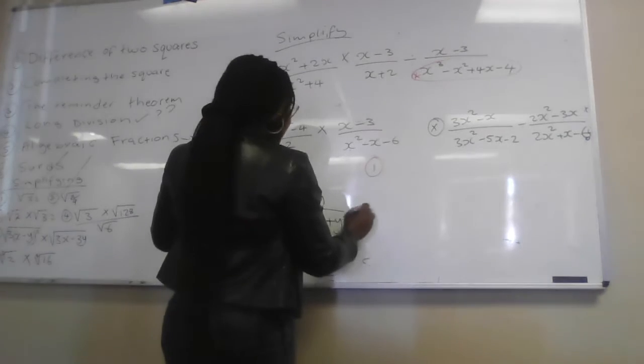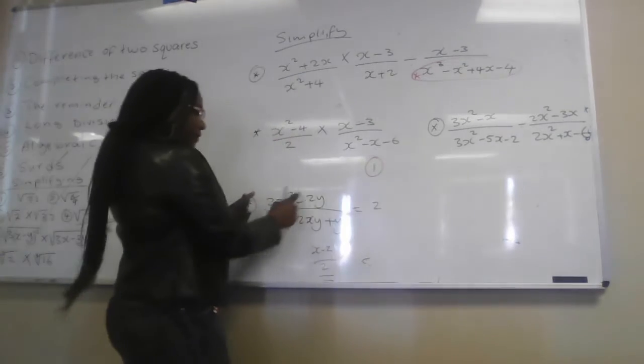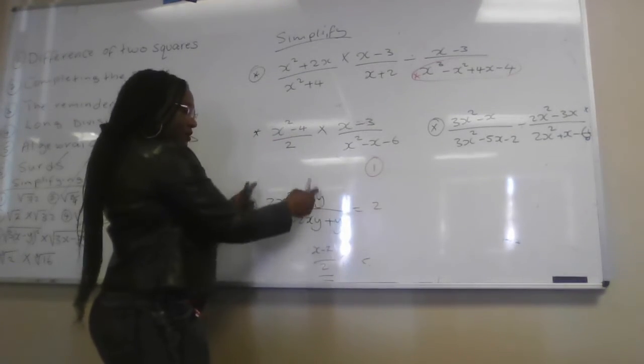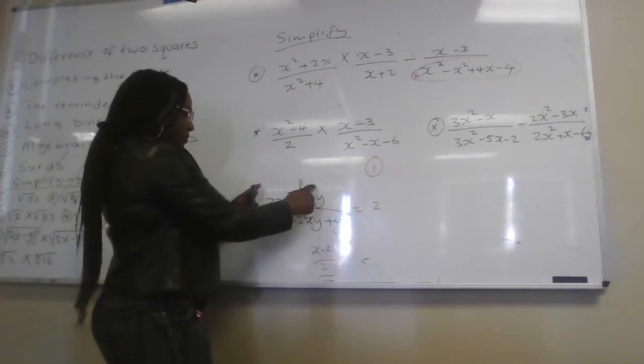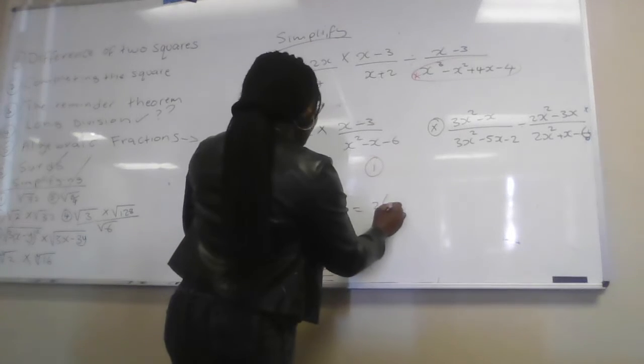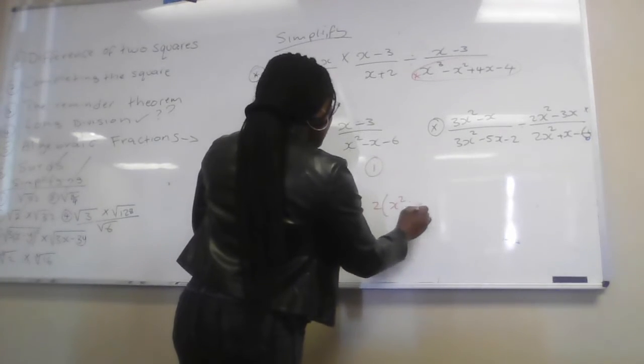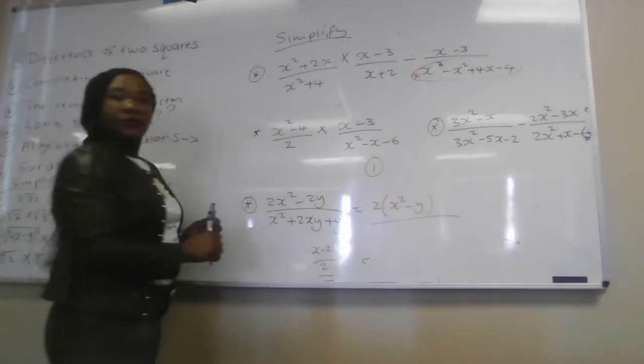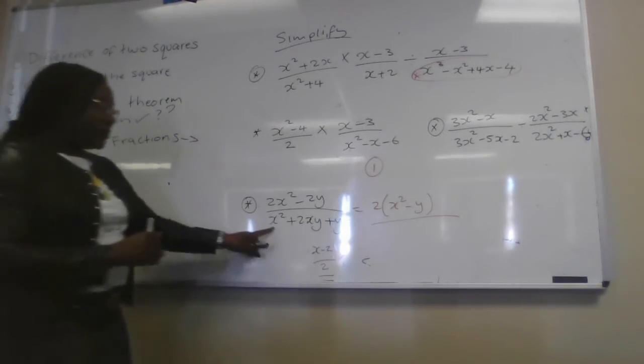So first you write 2. Here, what are we going to do? Factorize. What's common here? 2, right? 2 out, open brackets, x squared minus what? Y. Then we go to the bottom here.